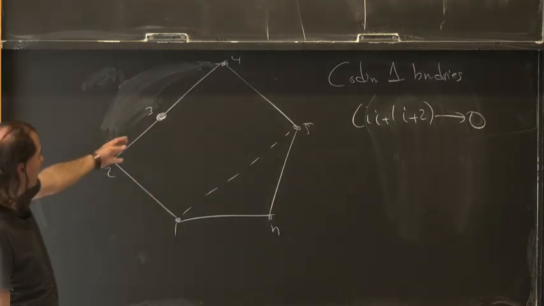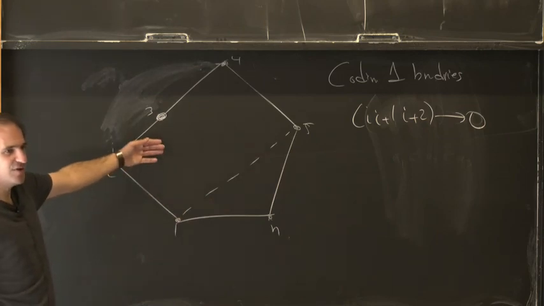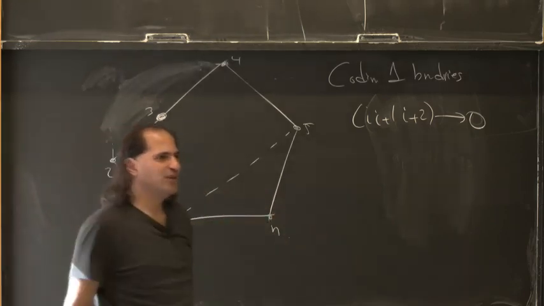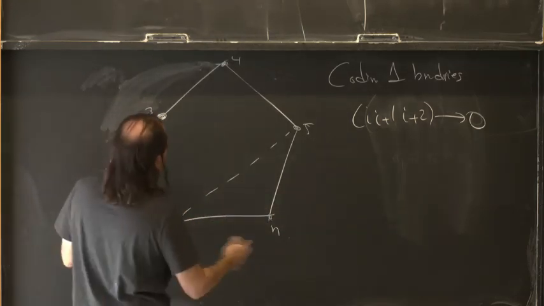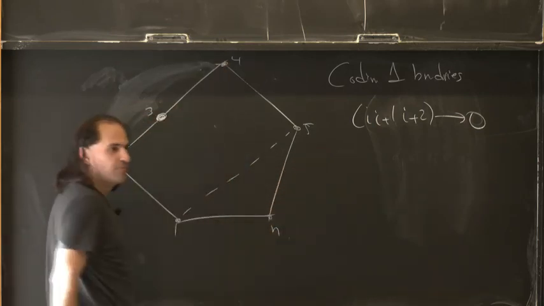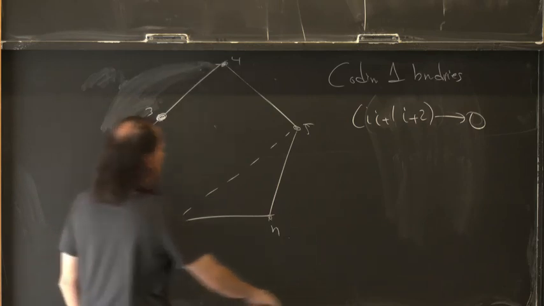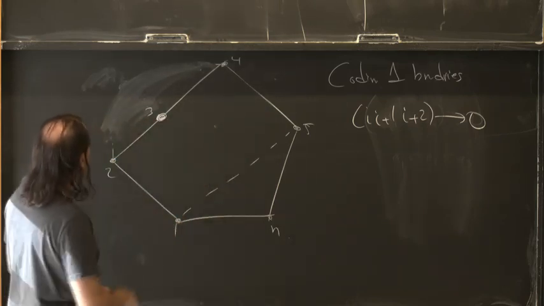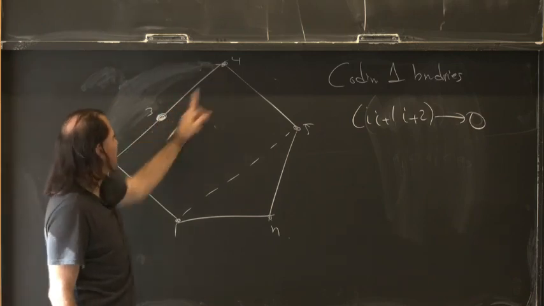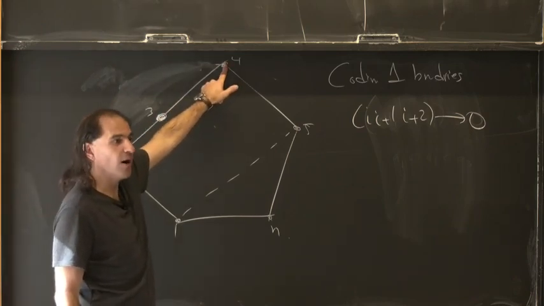Okay, but let's keep going here, just to get an idea of just how rich the boundaries are, right? So all we're asking is how we can take this convex polygon and degenerate it more. Okay, so what's the next thing I can do? I don't know. I could put 4 on the line 3, 5. That's one thing I could do. I could take 3, which is already on the line 2, 3, 4, and slide it so that it's on top of 4.